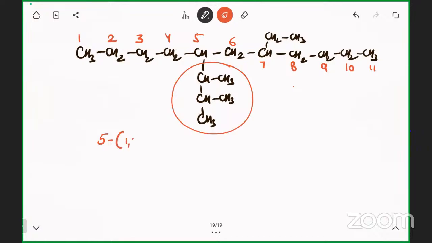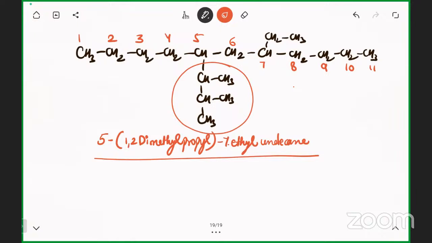That is 1,2-dimethyl propyl (bracket 1), then 7-ethyl. How many carbons are present? 11, so it will be undecane.